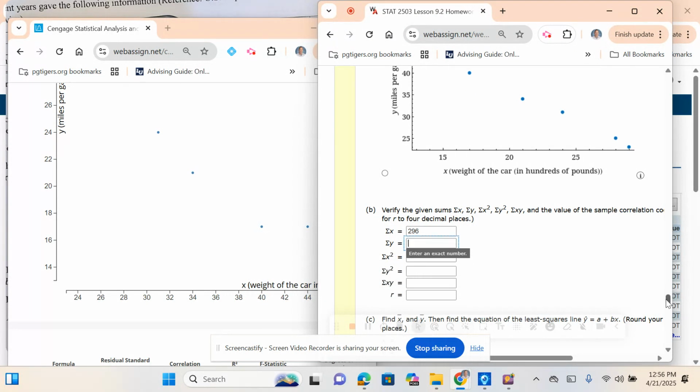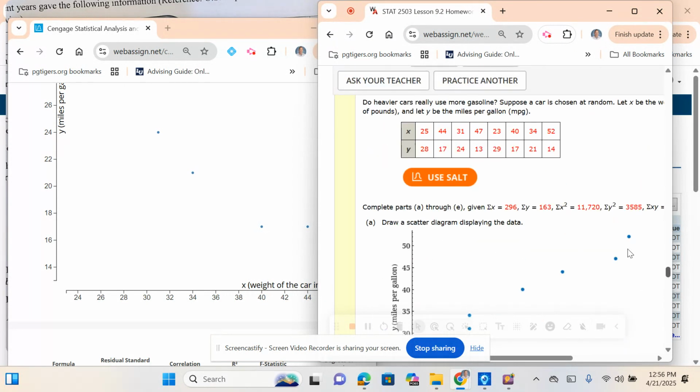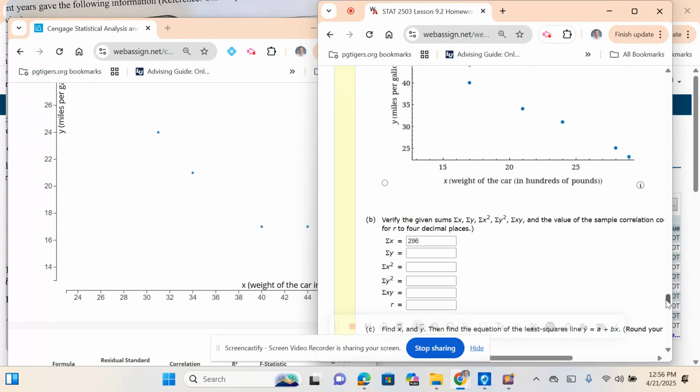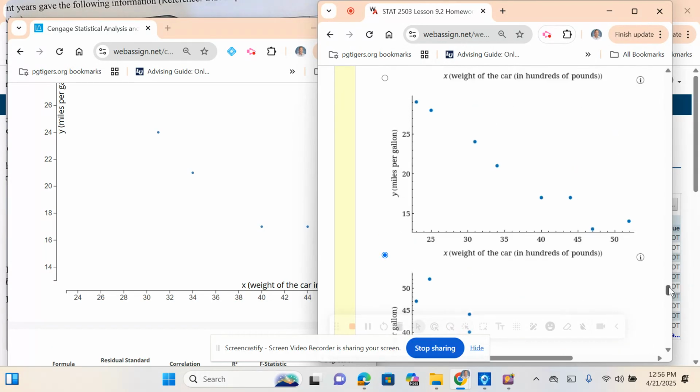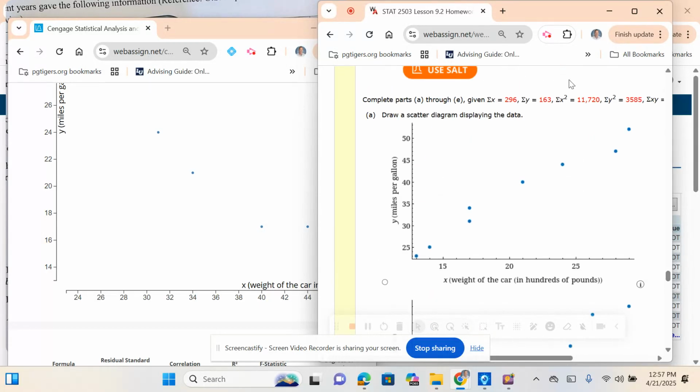Sum of the Y's, Control C, Control V. All I'm doing is copying these answers. They gave you the answers, and as I said, you could go look them up if you don't believe me, but they are in your table. Control C.